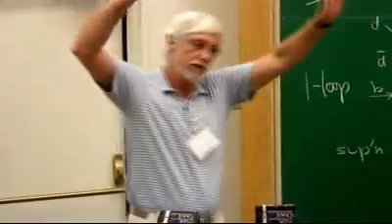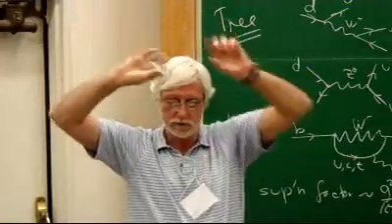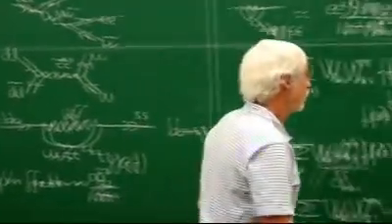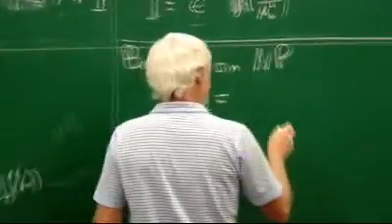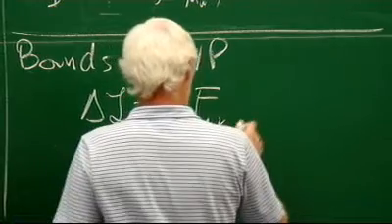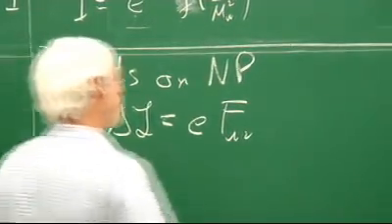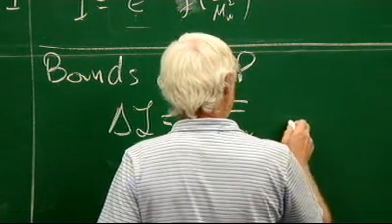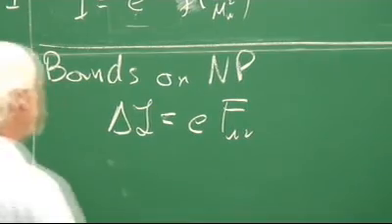Again, I have in mind taking some new theory which has very short distance effects. You integrate those out, and it produces a change in the standard model Lagrangian by an operator that looks like F_mu nu, and it has to be gauge invariant under the SU(2) plus U(1) gauge interactions.